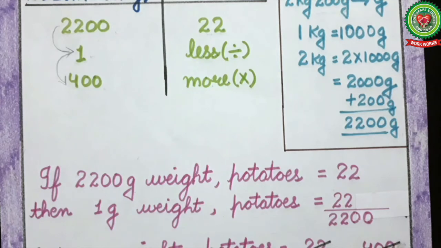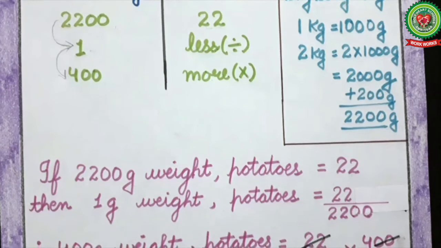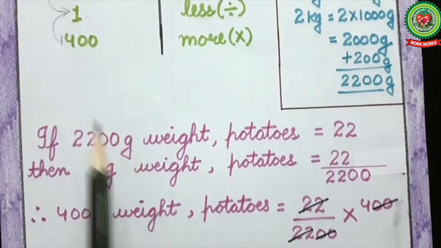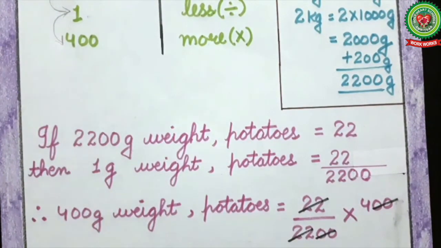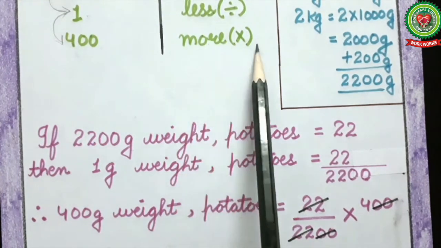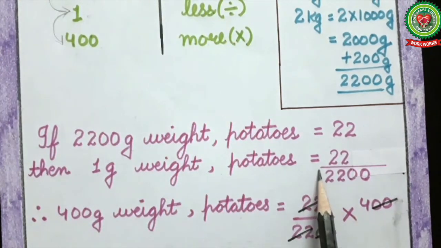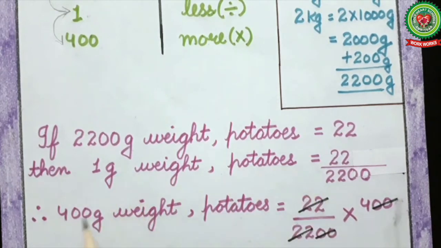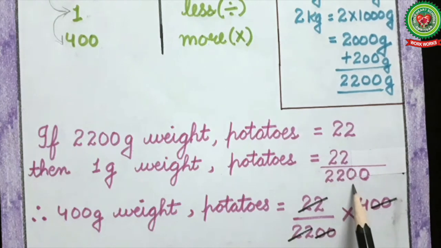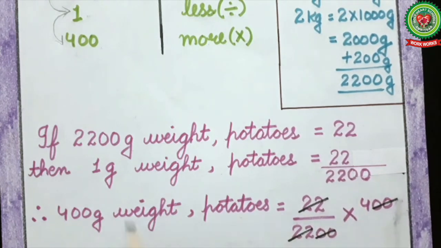You can do calculation here or you can do calculation in the next step also. After that move towards 400 grams. Therefore 400 gram weight potatoes, we get by multiplying potatoes for the 1 gram into 400 grams. So 22 by 2200 multiplied by 400.